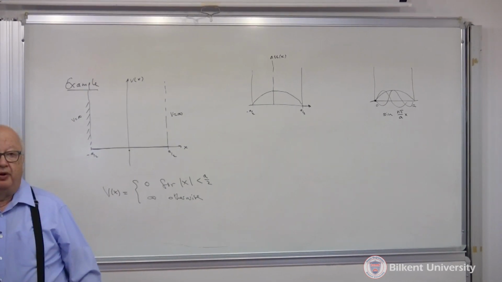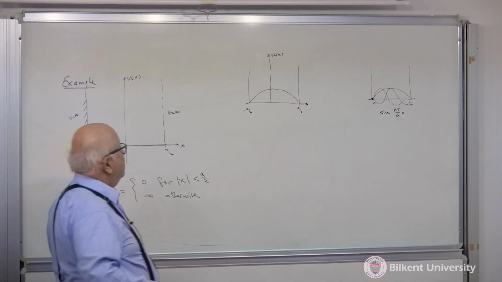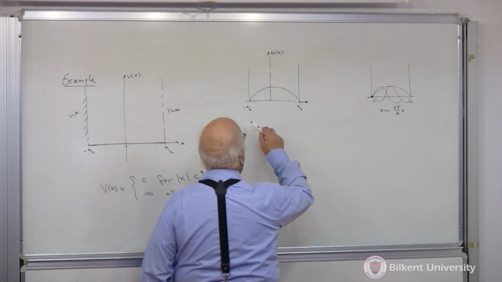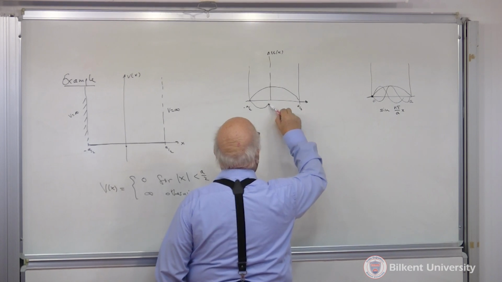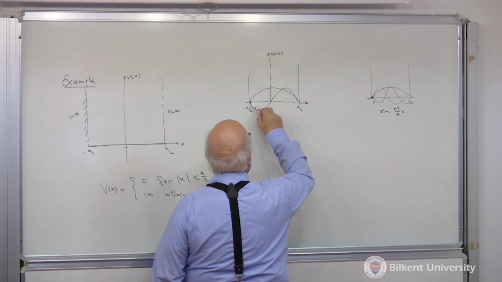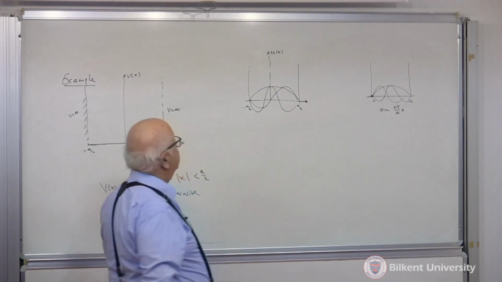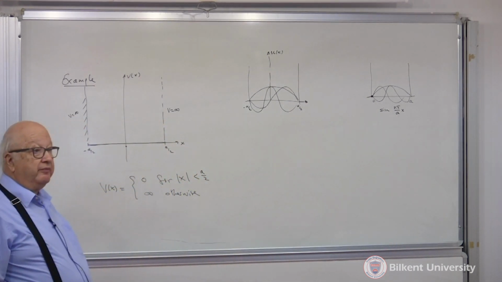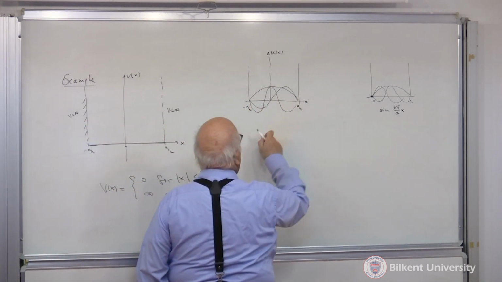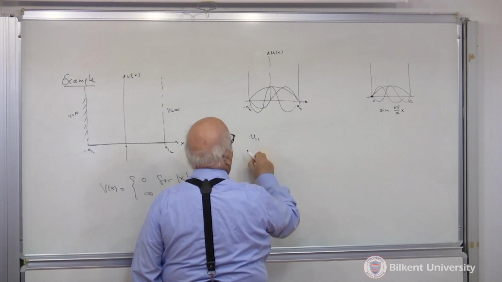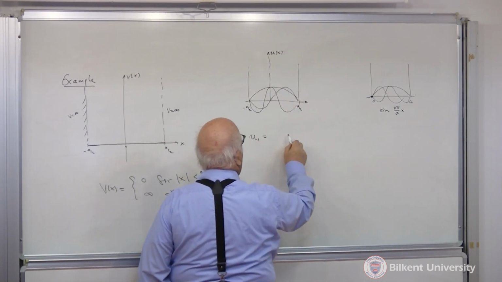However, in this case, you see that at least for some of these functions, I'm going to get cosines, and for some others I'm going to get sines, depending on what I have. So the first one, for example, is going to be what?